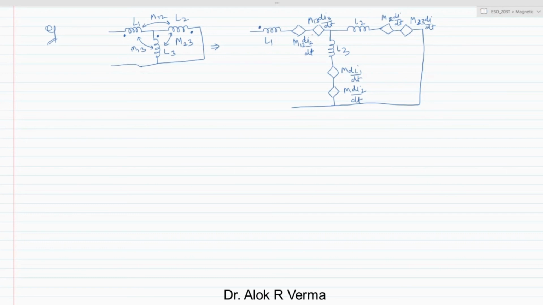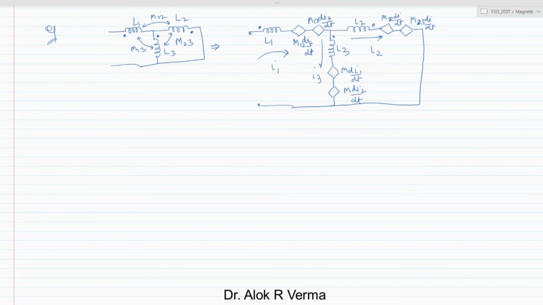So suppose one dot is here, one is here, one is here, I1, I3, I2. Now if we want to place the polarity, we have to pay attention to the current which is entering at the dot notation. If it is entering in the dot notation, here also it is entering into the dot notation, here it is leaving.